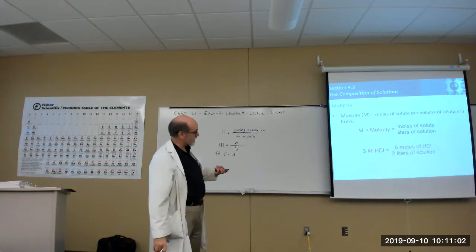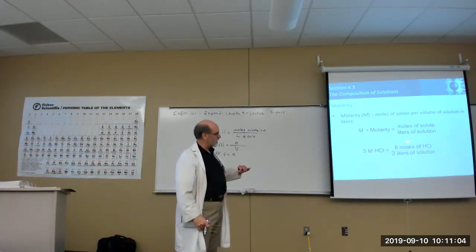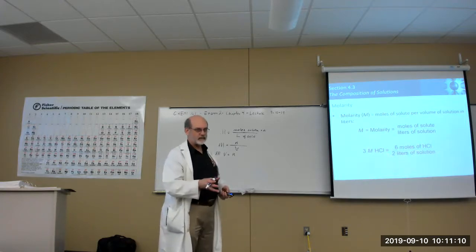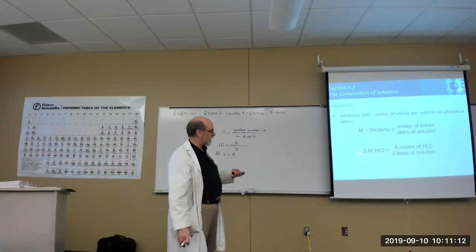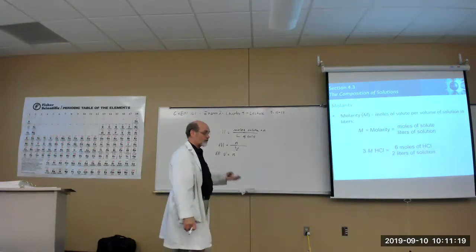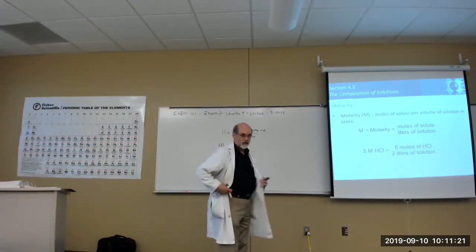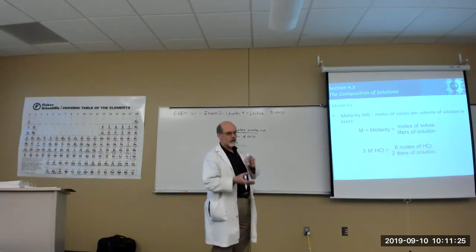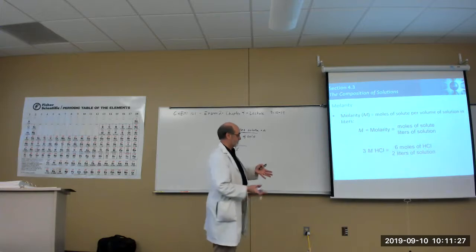So in this example, if we have 6 moles of hydrogen chloride dissolved in a solution of 2 liters total volume, we calculate 3 molar for the hydrogen chloride solution. Now, of course, when hydrogen chloride goes into solution, we already know that it goes into aqueous solution. We already know that it's got a different name now, right?